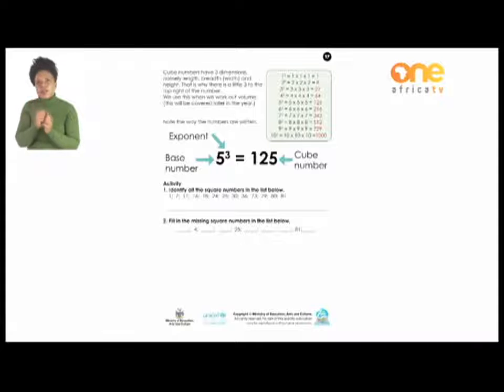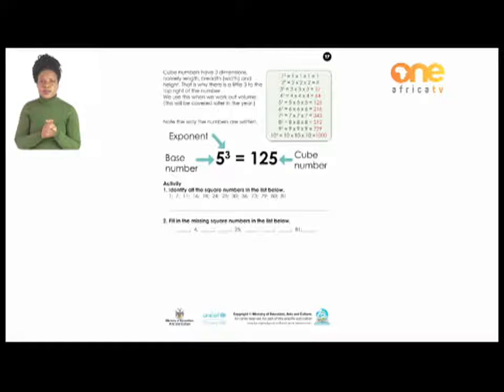That gives you 1. 1 is also a cube number. 2 cubed gives you 2 times 2 times 2 gives you 8. 3 cubed gives you 27. 4 cubed gives you 64. 5 cubed gives you 125. 6 cubed gives you 216. 7 cubed gives you 343. 8 cubed gives you 512. 9 cubed gives you 729. And 10 cubed gives you 1,000.